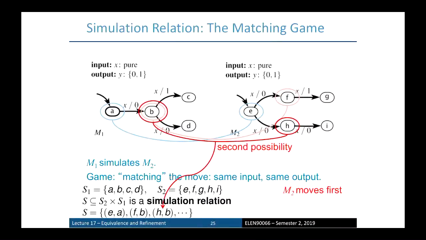But the other possibility was, instead of going E to F, we went E to H. So therefore, we also have the joint state HB.